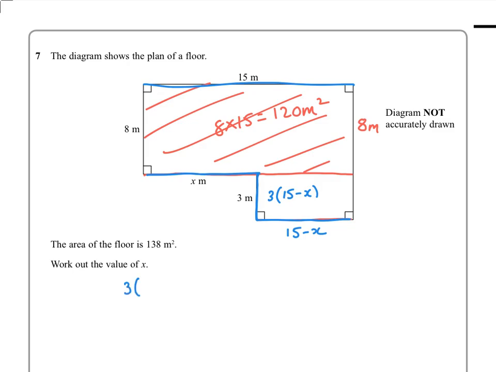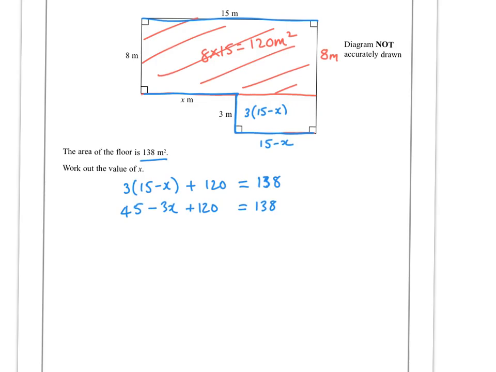So we've got 3 lots of 15 minus x plus the 120 we got before, and that's got to be the total, which is 138. And then basically we can solve those to get 45 minus 3x plus 120 equals 138.